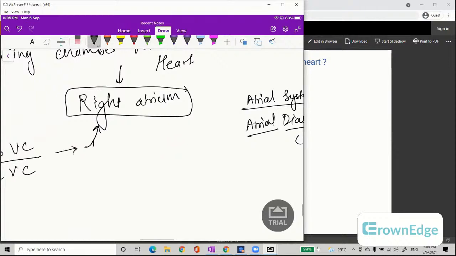The blood is coming towards the right atrium, right? Simultaneously it is also coming to the left atrium, but that blood comes after it has gone from the right atrium to the right ventricle, then into the lung, and then into the left atrium, right?